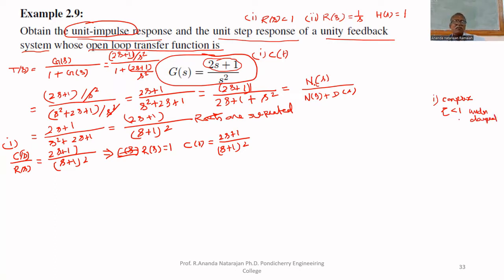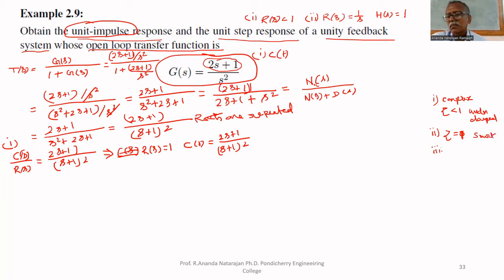For that, we know the derivation, that's why we can use the formula and write the response. Here we cannot, because the roots are repeated. Repeated means, what is the value of zeta? Repeated roots means zeta equal to 1. Zeta equal to 0 means undamped. So zeta equal to 1, repeated roots. In that case, what is the response? Critically damped response you will get.